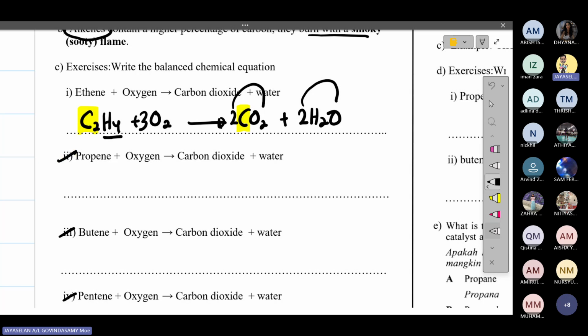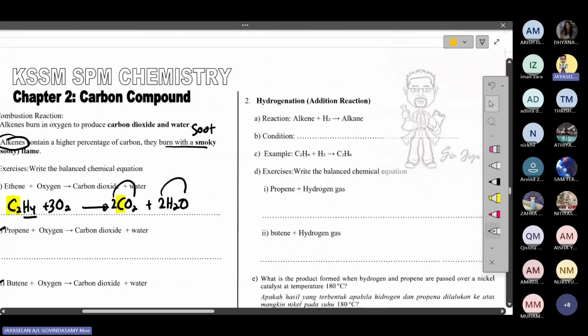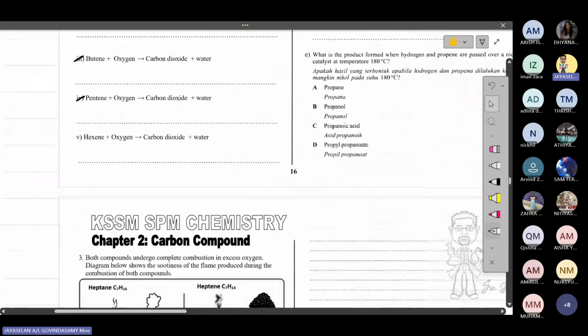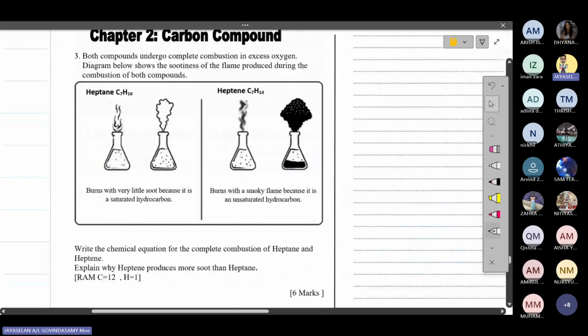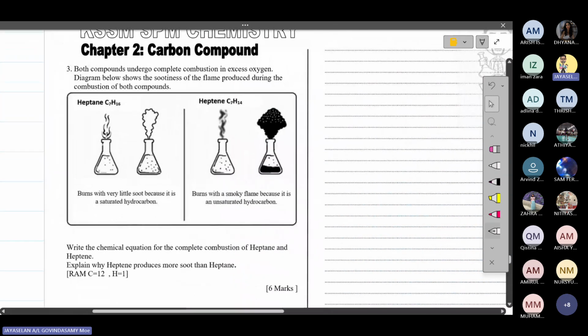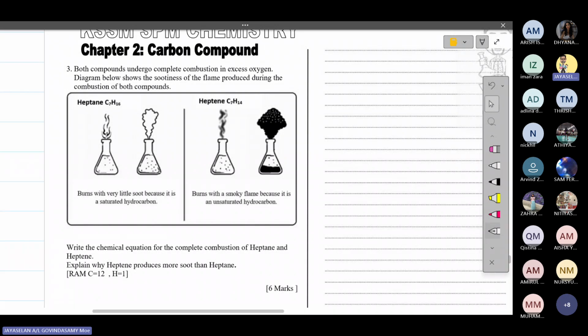Okay, so I want to do calculation. Page number 17. Okay, get ready. 6 marks, I know. Last year SPM trial came out.